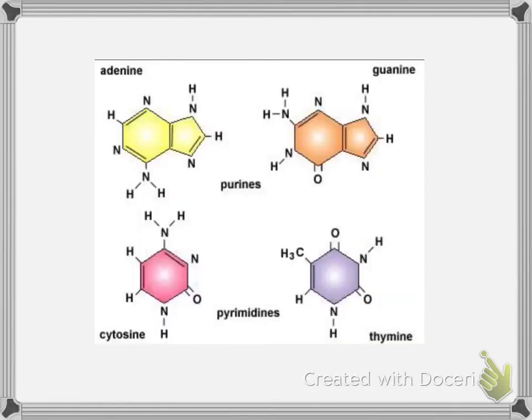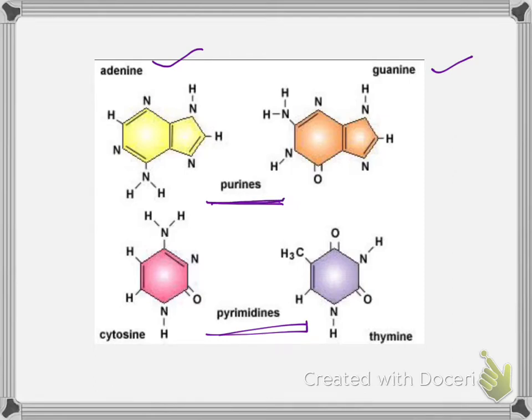Now coming to the nitrogenous bases. There are two types: purines and pyrimidines. Purines are adenine and guanine, and they have double ringed structures.